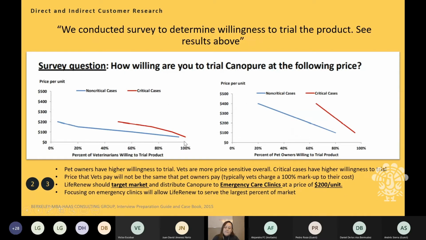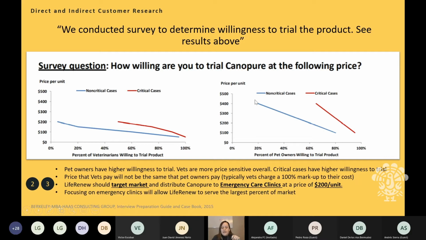Remember that. They pay 50 today, and they want to pay a very similar price. But if you focus only on your direct customer, you can miss an opportunity.